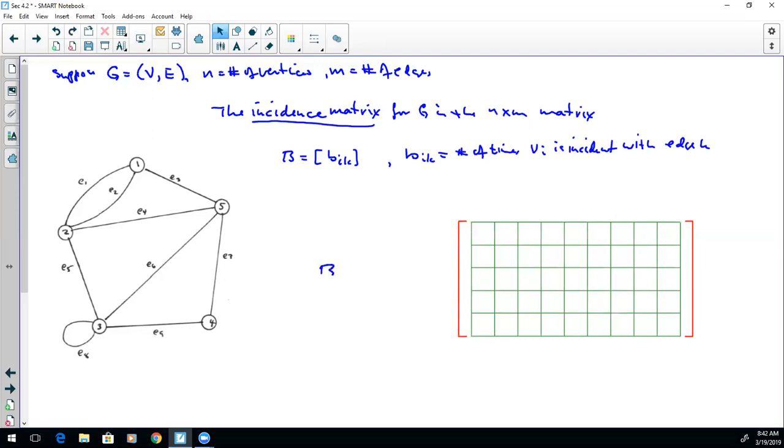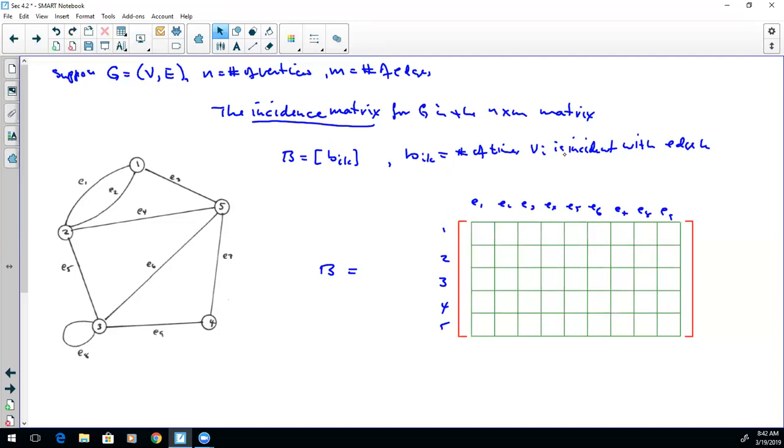So when we're looking at the incidence matrix, the rows are the vertices, and the columns correspond to the edges, E1, E2, E3, E4, E5, E6, E7, E8, and E9. I hope you can read these. So it's the number of times this vertex is incident with the edges.